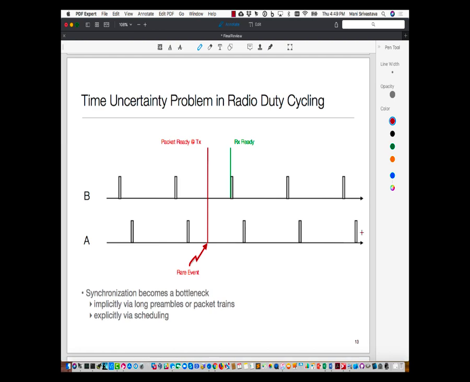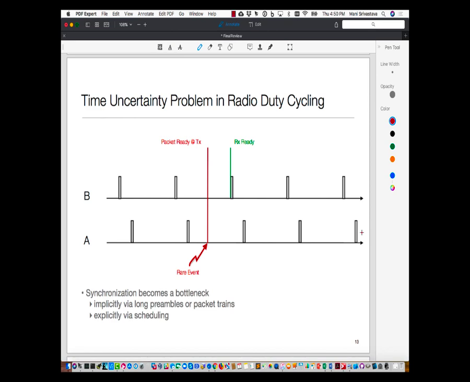And in general, the wake up times across these different radios are not going to be aligned. So in this example, B and A are waking up on a periodic basis, and let's assume that they had good enough clocks that they're waking up at the same period. But when A has to send the event, the challenge is how do we get it across?